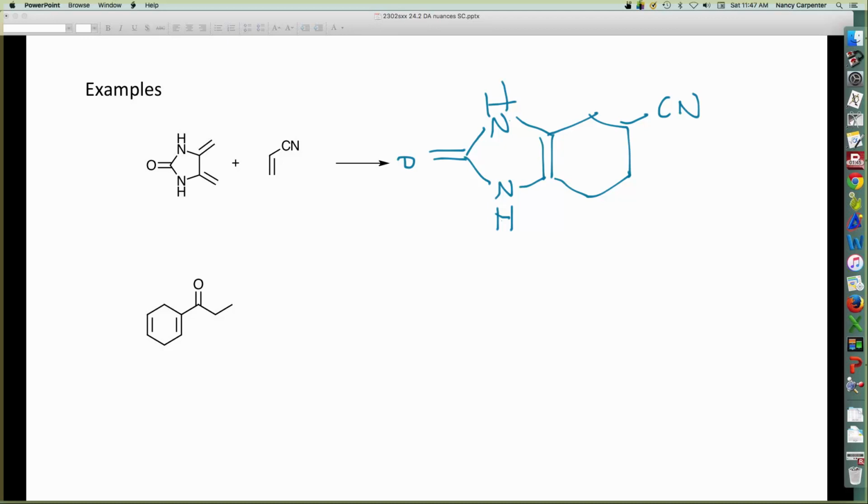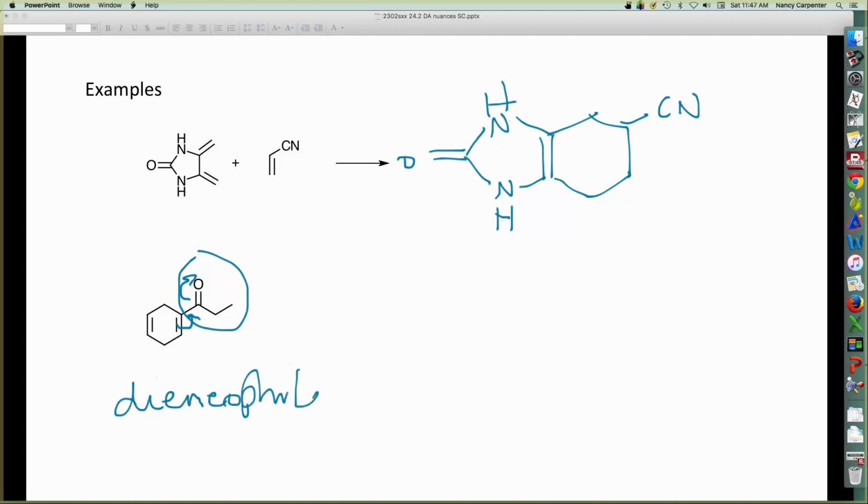On our bottom example, that is not our diene because it's not conjugated. Alright, so that's got to be our dienophile, and you can see that it's electron poor because I have an electron withdrawing carbonyl.